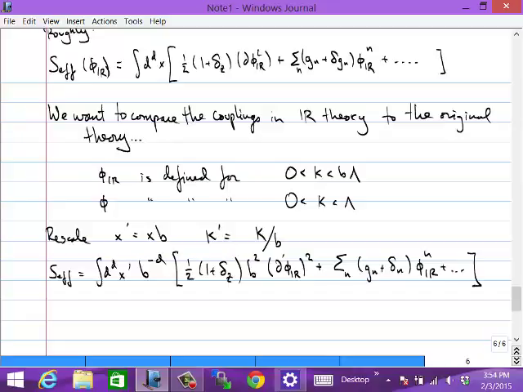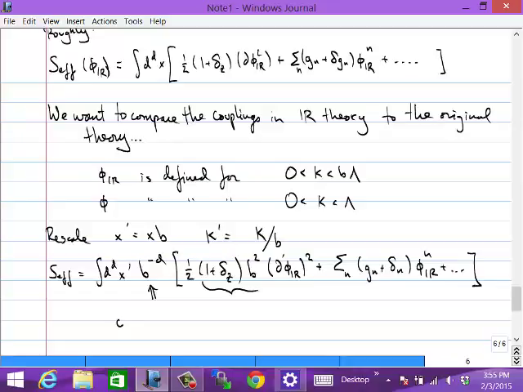Okay. And so what we want to do is compare this to our, so now phi infrared, regarded as a function of x prime rather than x, takes values where the momentum is non-zero when the momenta k prime runs from 0 up to lambda. And we want to compare this to our original theory. So we have these factors of b and the wave function renormalization out front.